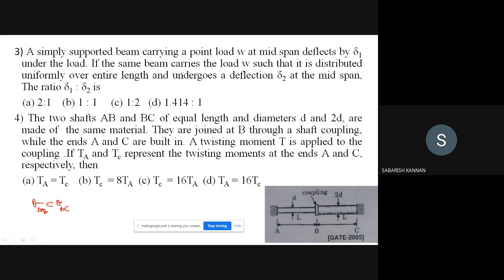Theta is equal to, so we have a formula for theta, that is TL divided by GJ.